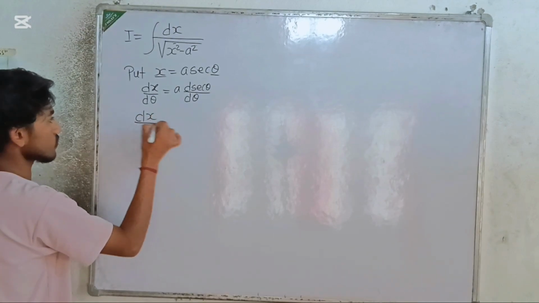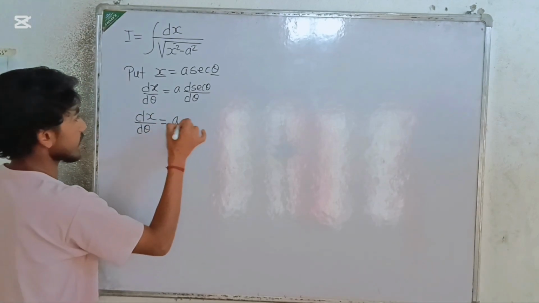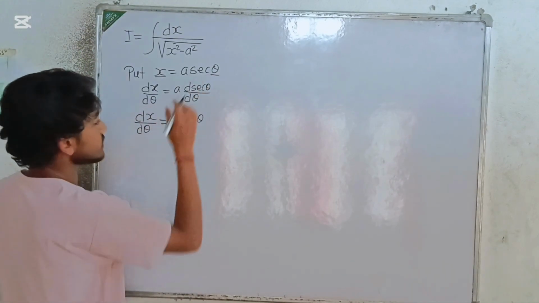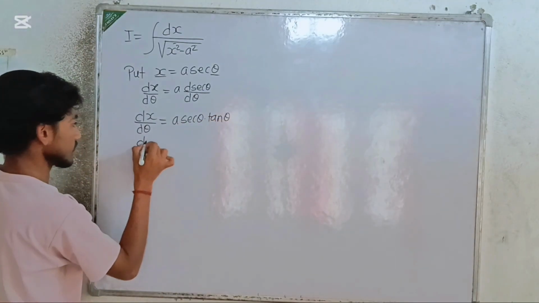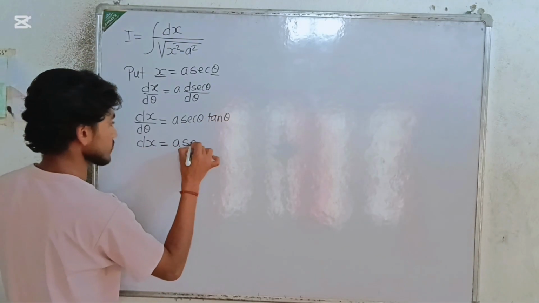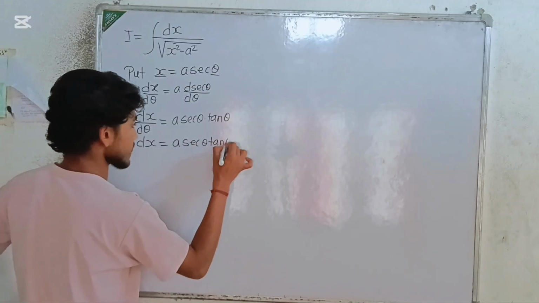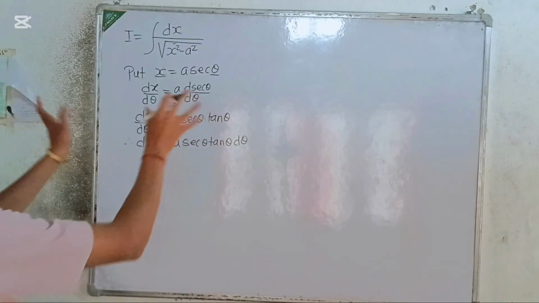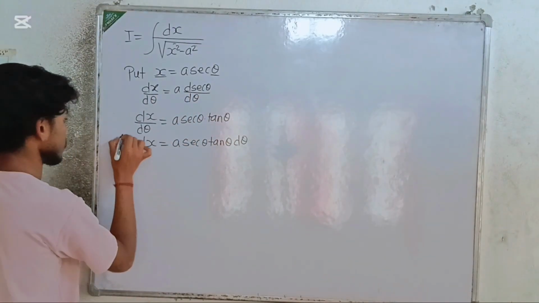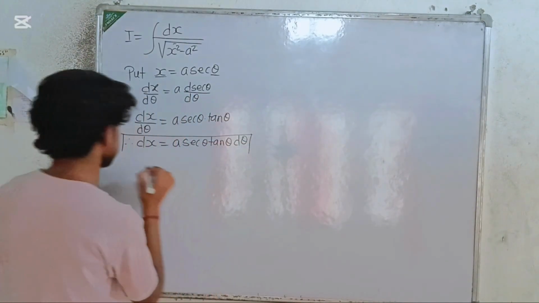And dx over d theta can be written as a, and then the differentiation of sec theta is sec theta dot tan theta. So dx is going to be a sec theta tan theta d theta, right? So this would be our value of dx.